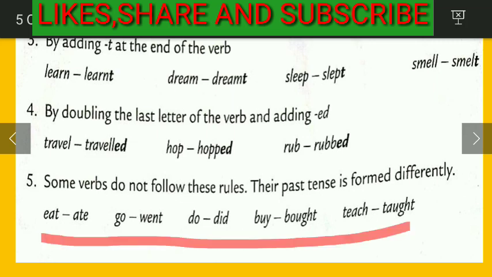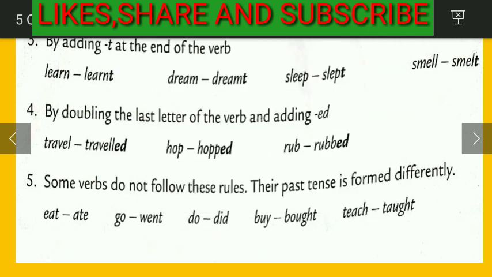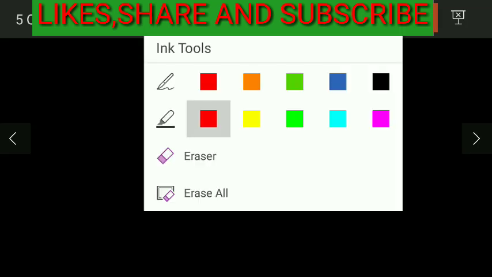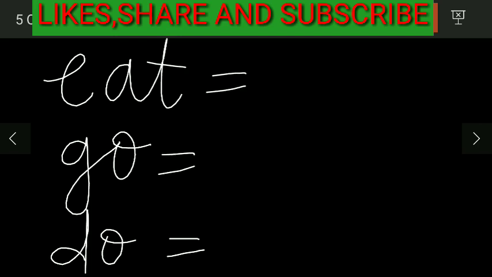Okay, so let's write down on our blackboard. See here, one is eat, another one is go, then do. Here children, there is no rule to change all these verbs into simple past tense.